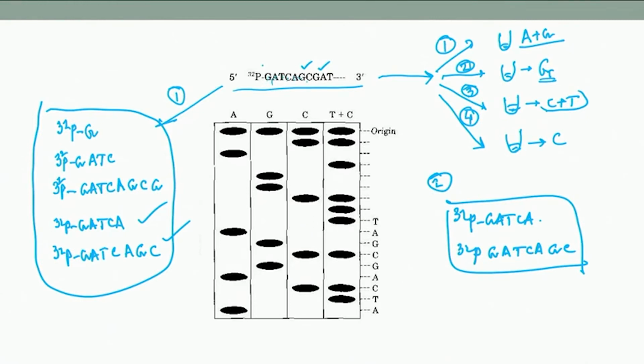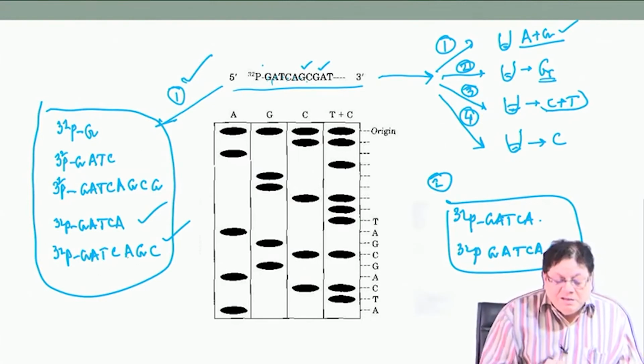Okay, now we are not writing that. What is important is, without going into those details, we can summarize it very easily. If you take this number 1 test tube where A and G are cleaved, look at the number of pieces you are getting, and the number of bases present in these pieces.